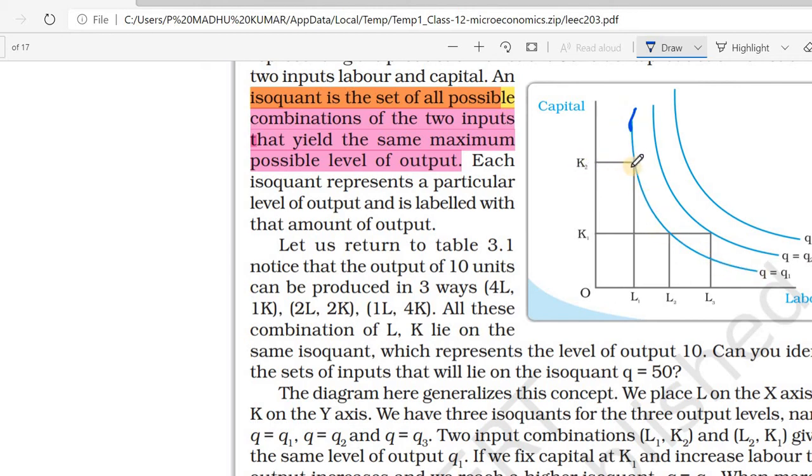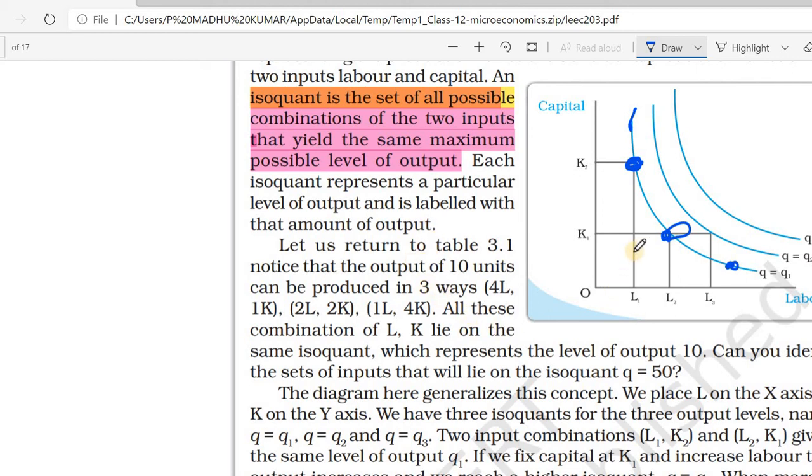If the producer chooses this option, he will get 10 units of output, or this option also he will get 10, or this option also he will get 10. Any point on this isoquant will give the same quantity. But he can change; he can spend more money on labor and reduce the capital.